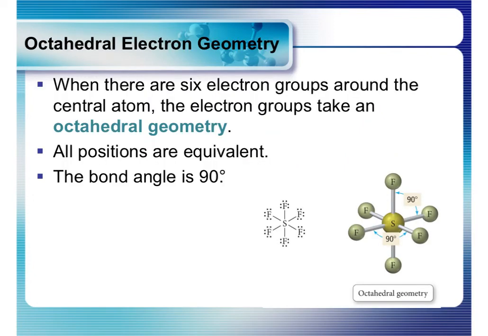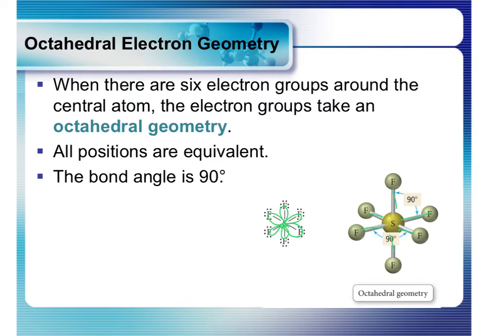Alrighty, the last electron domain shape: the most electron domains you can have around a central atom is 6. Okay, 1, 2, 3, 4, 5, 6. And again, that can only happen with central atoms that can expand their octet. In this case, the central atom has 2, 4, 6, 8, 10, 12 electrons around it.